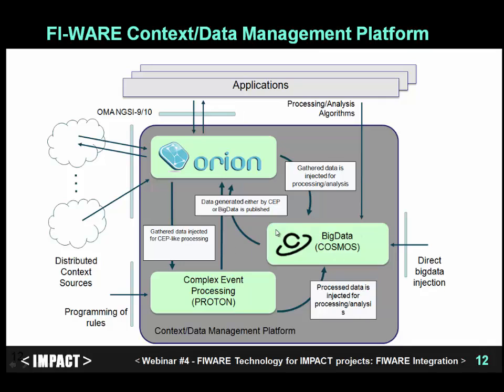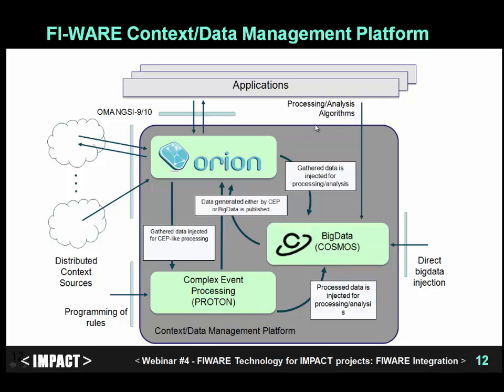Then you have Cosmos here, and you can use Cosmos to process all the data coming from Proton, because sometimes this data can be a lot of information. Many alarms can be set up, and many messages can be sent from Proton to Cosmos.